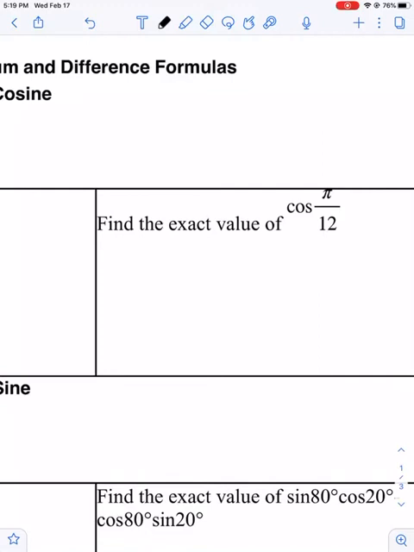So thinking of pi over 12, that's 1 over 12. So what minus what is 1? I'm going to go with 3 minus 2. That would give me pi over 12.